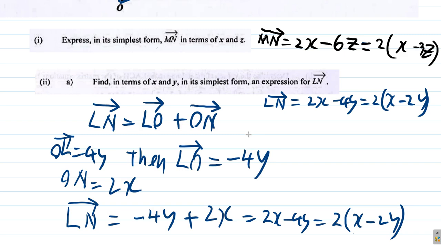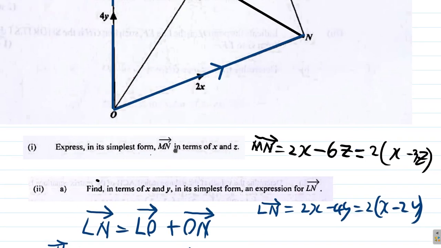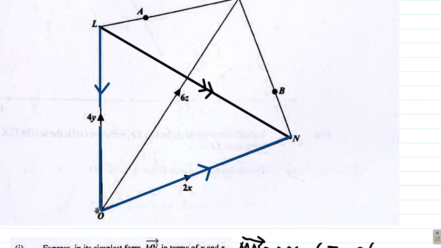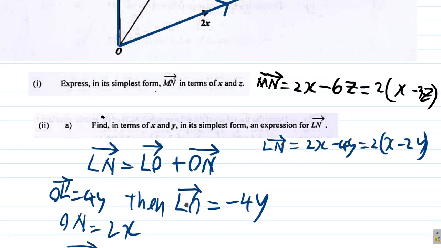LN. So remember, LN is going from L to N. You could go from L to O, then O to N, and end up in the same place. So therefore, LN is LO plus ON. You see that?